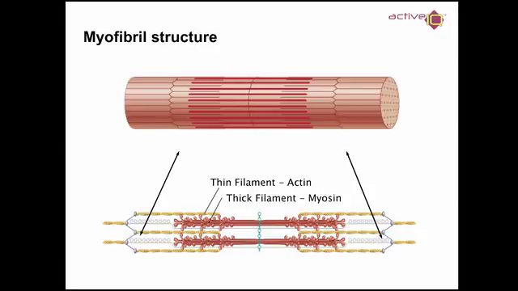However, the myosin can't join up with the actin and rotate round and cause that slide unless there is something called calcium present. In a relaxed state, the sites where the myosin binds onto the actin are blocked by a combination of other molecules.